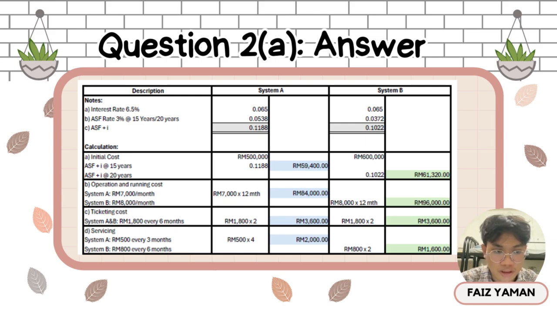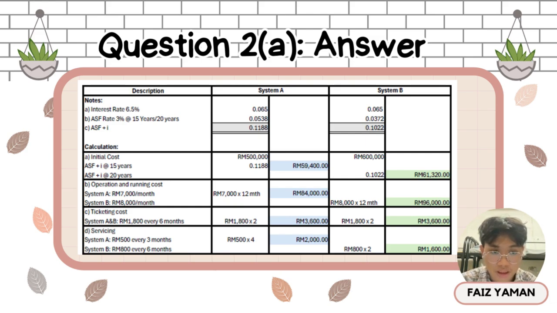If we refer to the evaluation table for 3% of 15 years, we get 0.0538, and we get SF plus I for 15 years of economic life for system A, which is 0.1188, and meanwhile for system B it is 0.1022, because these two have different economic lives, so the SF plus I values are different.